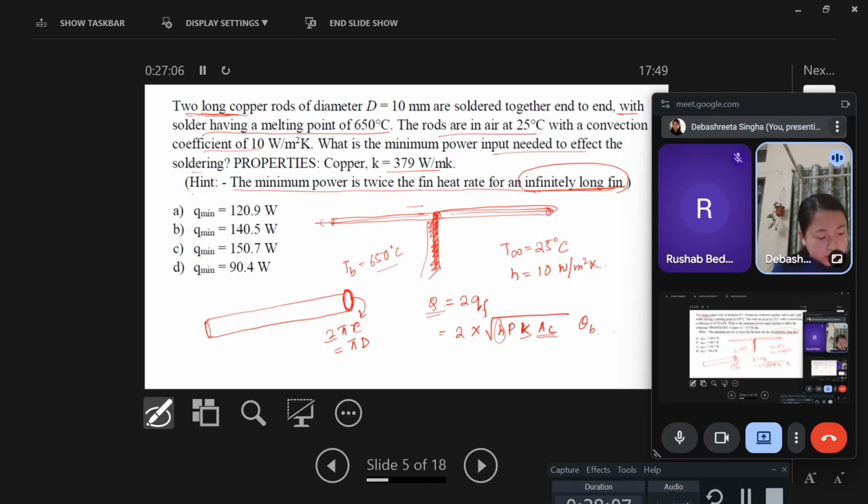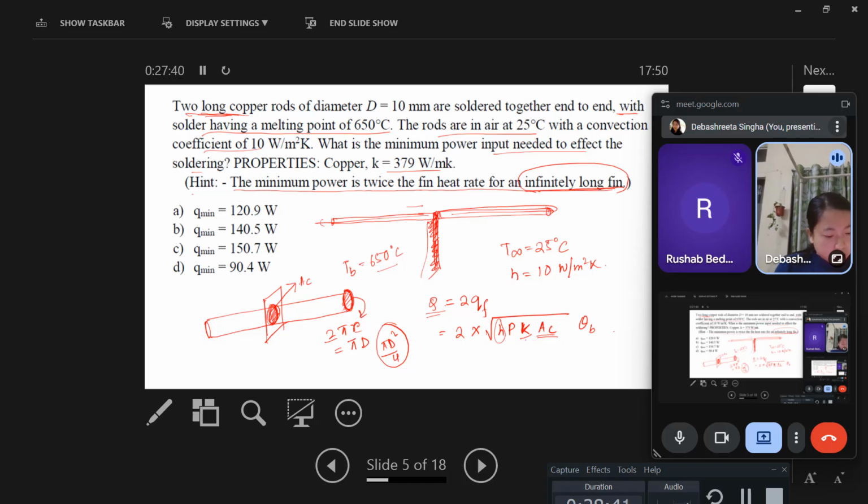Then Ac is the cross section area, that means if you cut a plane, the area of the fin you get is the cross section area of the fin. The cross section is a circular region, so the area is pi d square by 4 in terms of diameter, and in terms of radius it is pi r square.